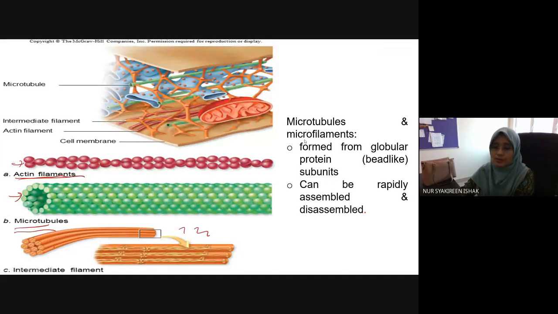It says here, microtubules and microfilaments form from globular protein, which is a bit like a subunit, and can be rapidly assembled and disassembled. But the intermediate filament does not have this feature, it cannot assemble and disassemble. That is simply its structure as a fibrous protein.